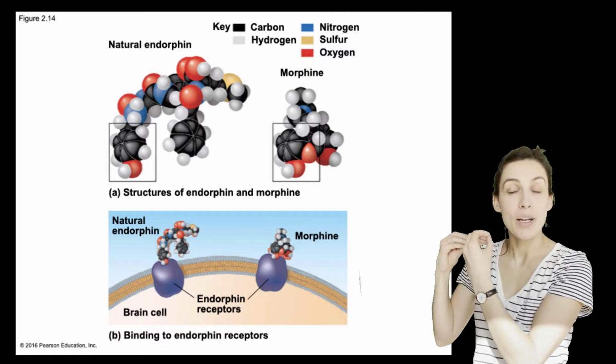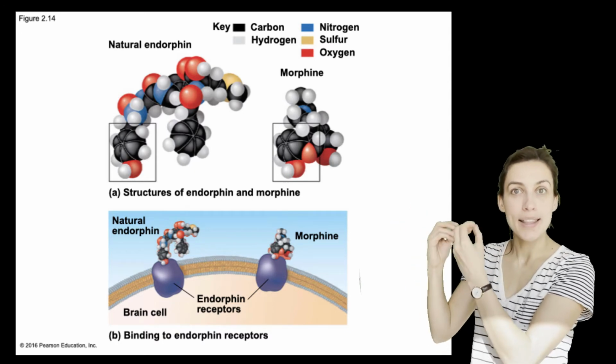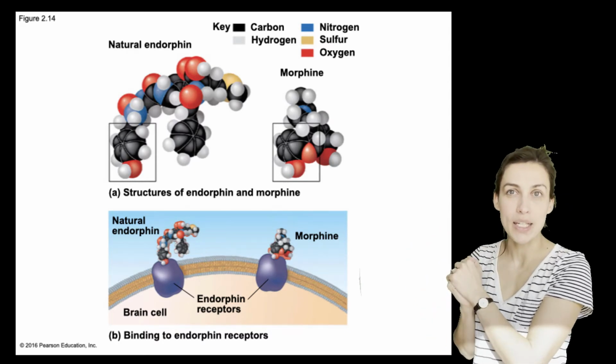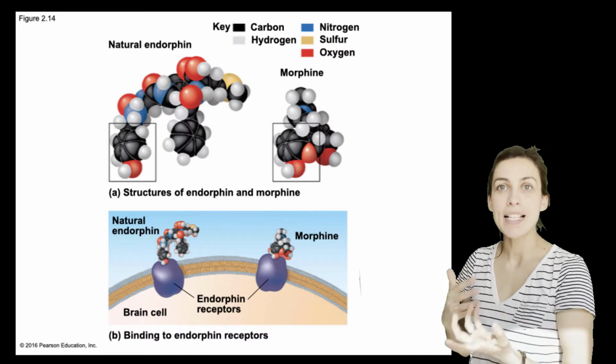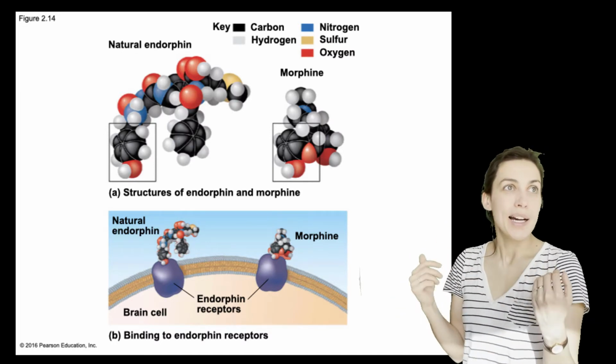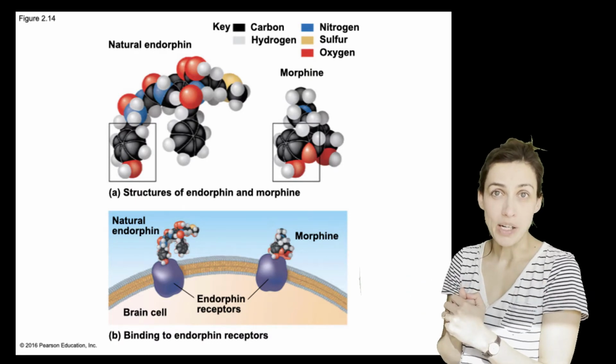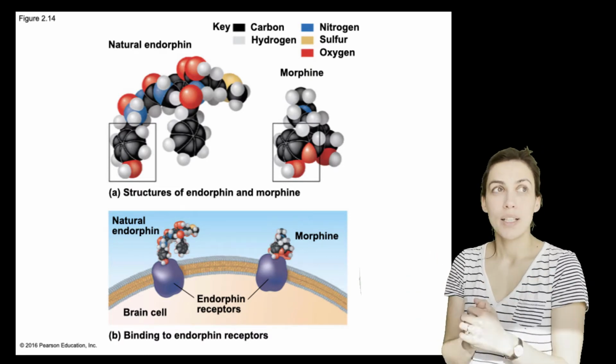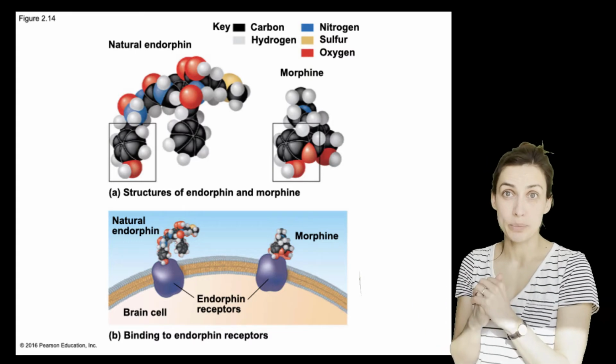And your brain cell thinks, oh, that's the message that endorphin is sending. And therefore it has a very similar effect. This is also how any drugs that people take recreationally work. It's even how coffee works too.